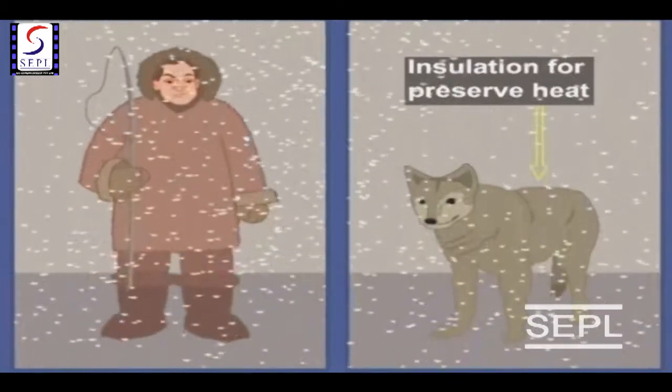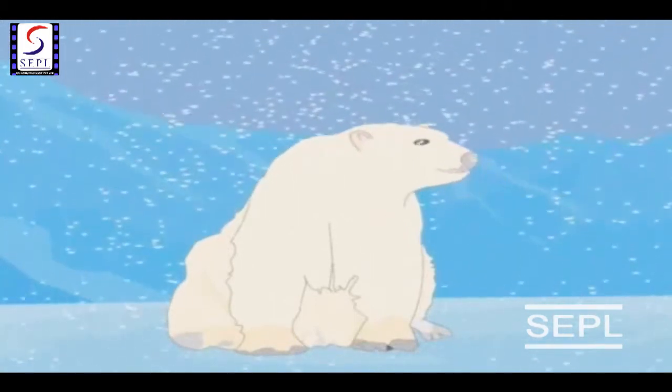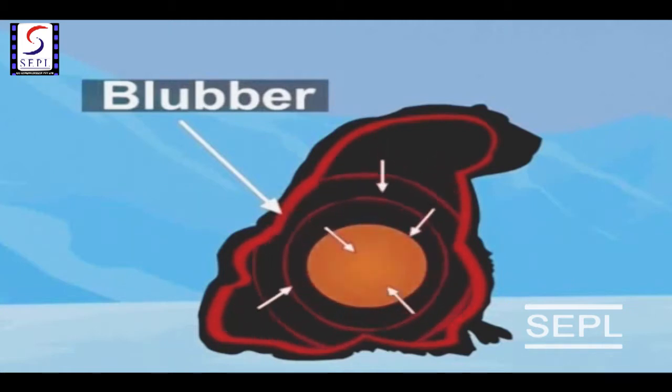Polar bears have thick fur coat. They also have layer of fat or blubber. The blubber acts mainly as a storehouse of energy for the tough period when food is hard to find. Along with providing energy, the blubber also helps the bear to keep the heat trapped inside its body.